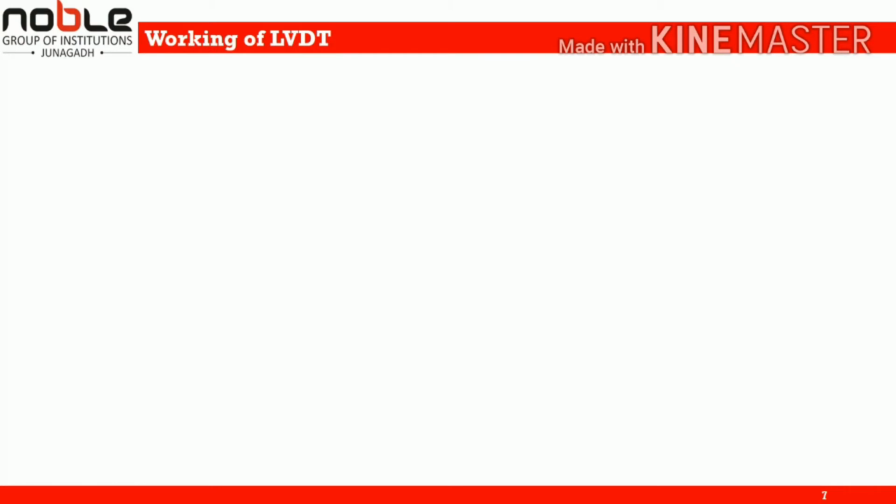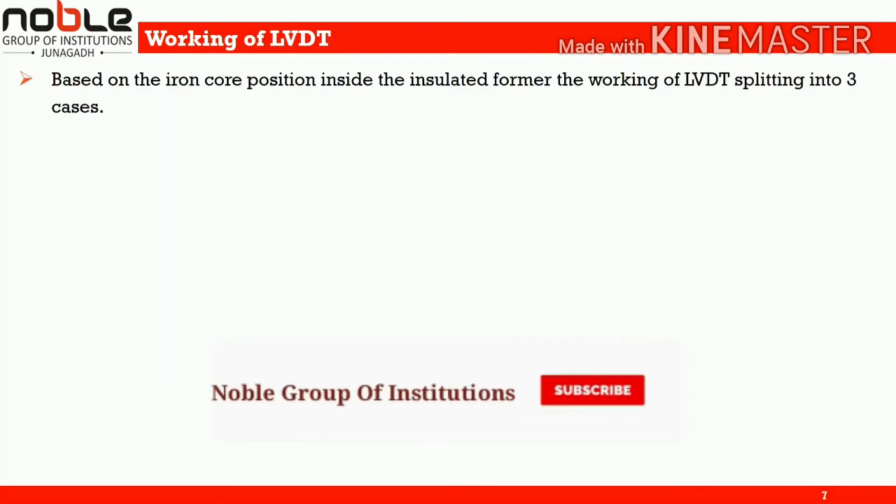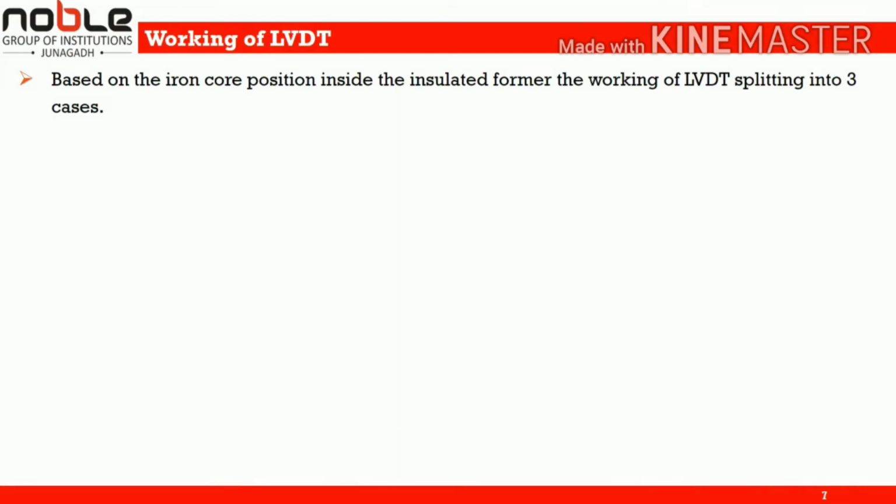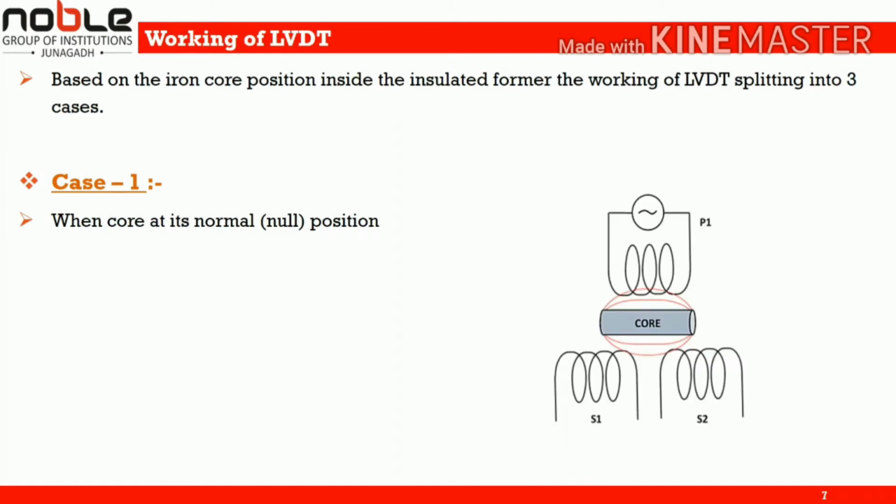Now let us see the working of LVDT. Based on the iron core position inside the insulated former, the working of LVDT is split into three cases. Case number one: when the core is at its normal or null position. As we can see in the figure, the core is in the center between the two secondary windings S1 and S2.